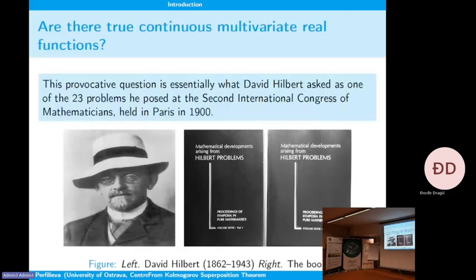Okay, so let's start with the introductory part, because the Kolmogorov theorem is connected with the famous Hilbert problem, the so-called 13th Hilbert problem among all, as you see, 23 problems. The set of these problems was published at the beginning of the 20th century, and it gave really feed for mathematicians for the next centuries.